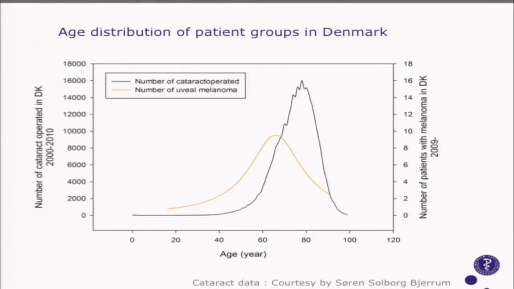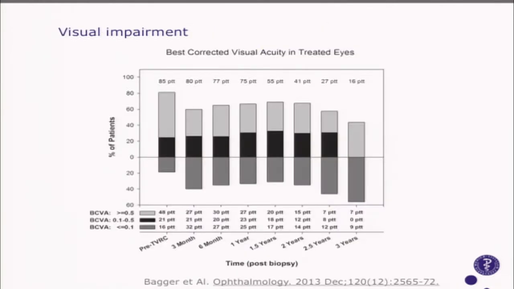The problem is that, at least for uveal melanoma patients, you have an age distribution that looks much like the distribution of patients who are normally cataract extracted. So these are the patients with no other ocular disease in Denmark being operated for cataract, and this is the age distribution for uveal melanoma patients. So what is the cause of the cataract formation? And is the cataract actually causing any visual problems?